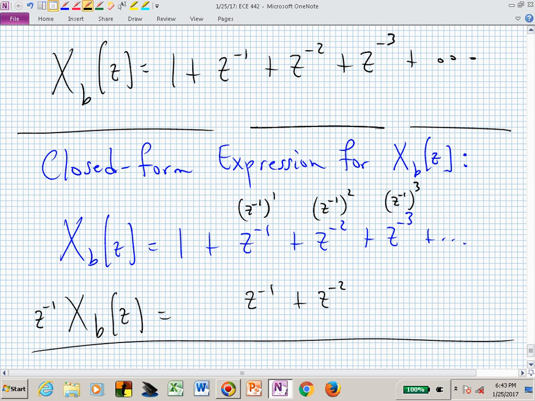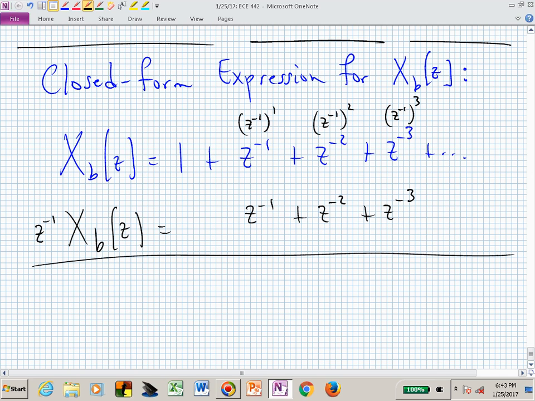And remember, this has an infinite tail, plus z to the minus 3. So it looks the same in the tail. It's just in that very first term that it's different, because we multiplied everything by z to the minus 1. But now I can take the difference between these two rows of expressions.